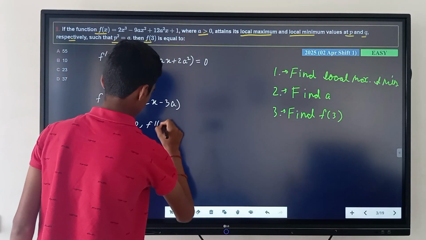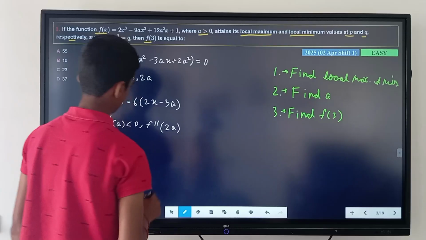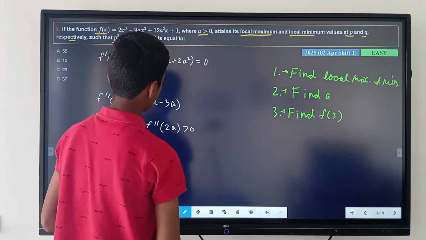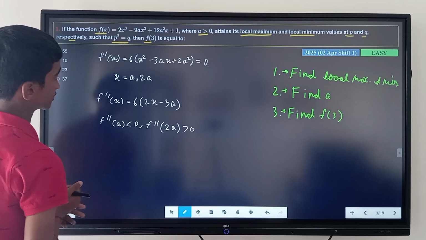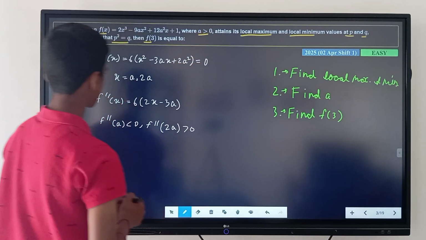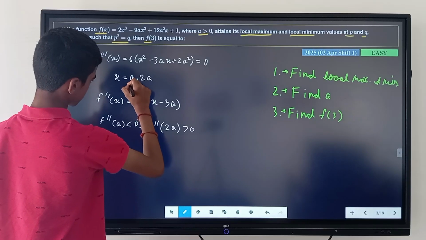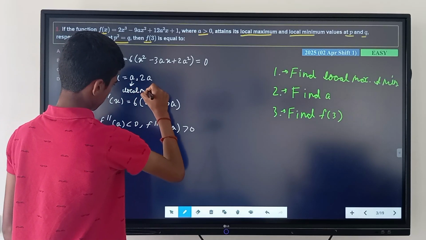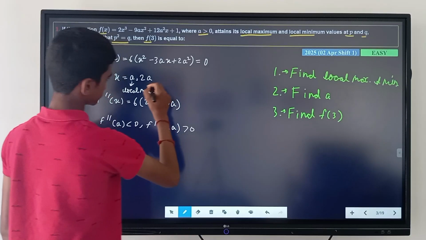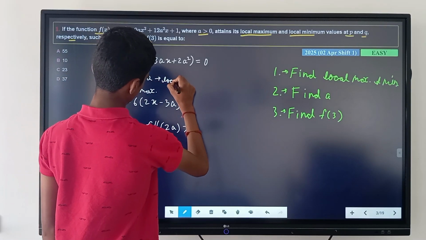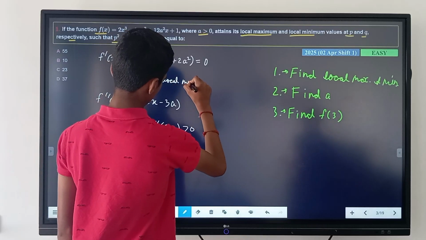And f dash dash 2a will be greater than 0. F dash dash 2a will be 6a, which is greater than 0 because a is greater than 0. From here we can say a is local maximum and 2a is local minimum.